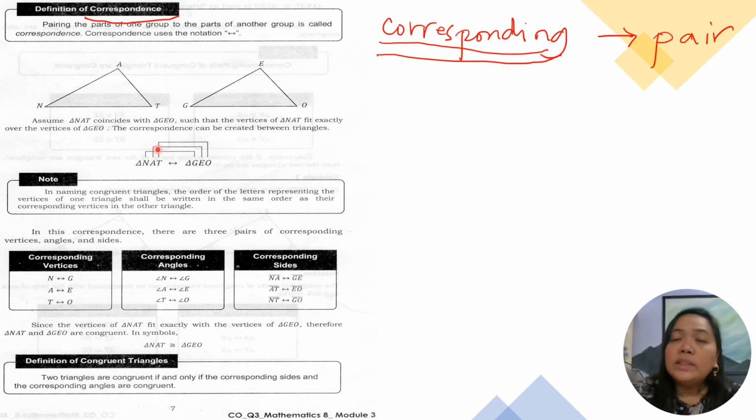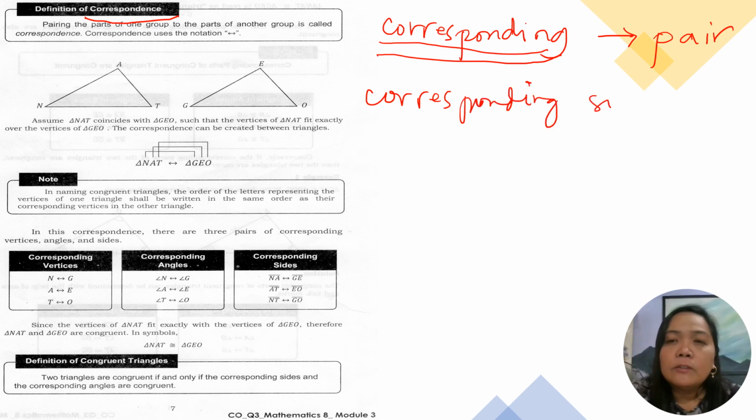Again, when we say corresponding sides, okay, corresponding sides means the pair of sides from one triangle to another triangle where their vertices coincide.